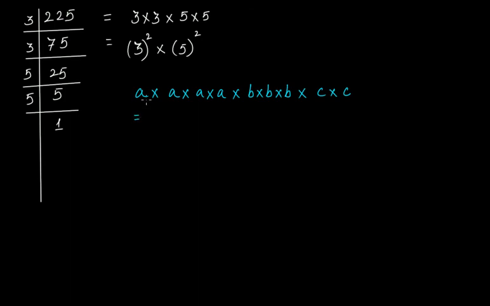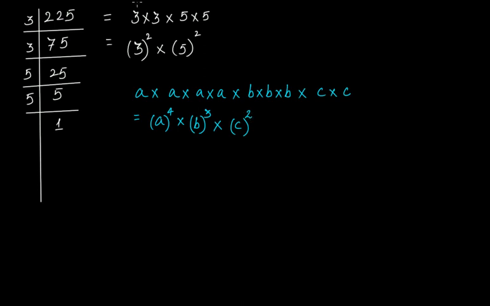So how many a's do we have? We have 4 a's. So a raised to the power of 4 into how many b's do we have? We have b raised to the power of 3, or we can say b cubed, right? We have learned this. Cubed and squared we have learned. So a raised to the power of 4 into b raised to the power of 3 into c raised to the power of 2, or c squared.